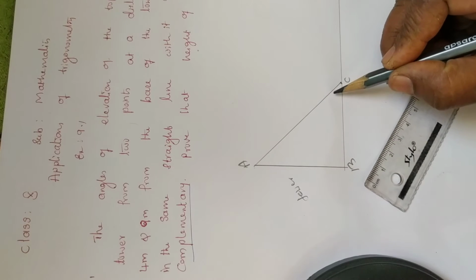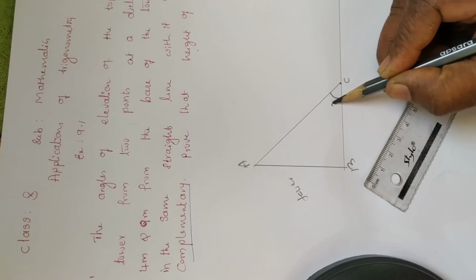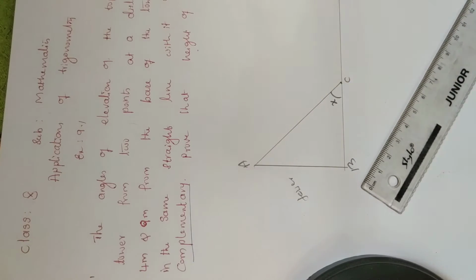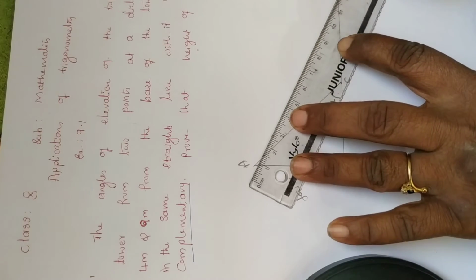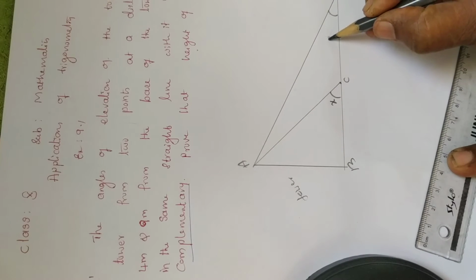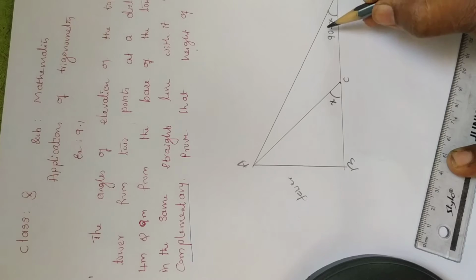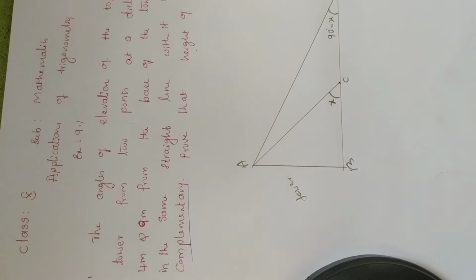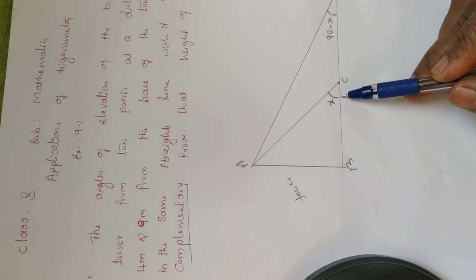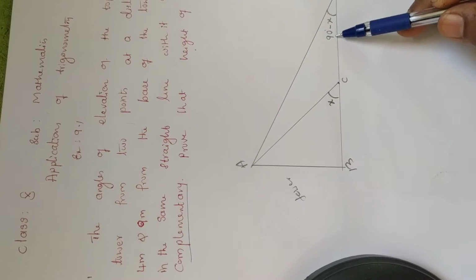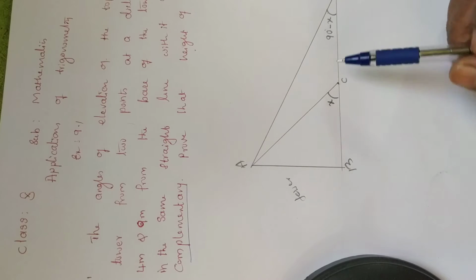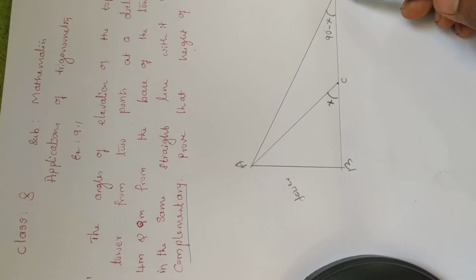So here I will take x as the angle of elevation to the top of the tower from the point C, and another at the point D is taken as 90 degree minus x, because the two angles of elevation are complementary to each other. So this angle x is more than 90 degree minus x. So at the point C the angle of elevation is more than at the point D.